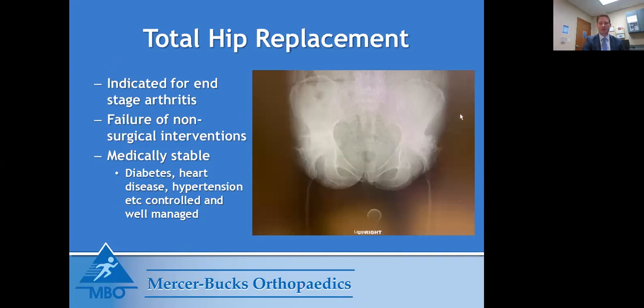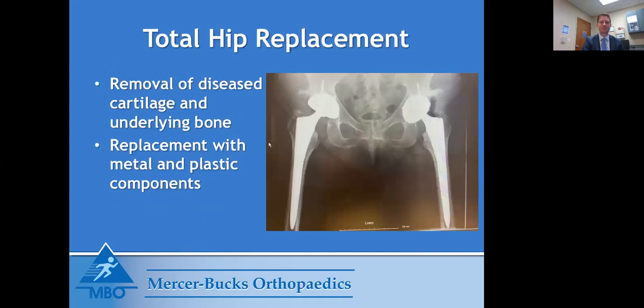The x-ray on the right is just an example of a patient with particularly severe arthritis affecting both hips. What the procedure does is remove diseased cartilage and underlying bone and replace it with components largely made up of metal and plastic. And this is that same patient after she's had hip replacement of both hips.